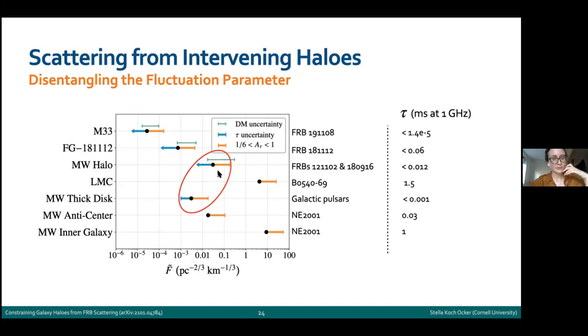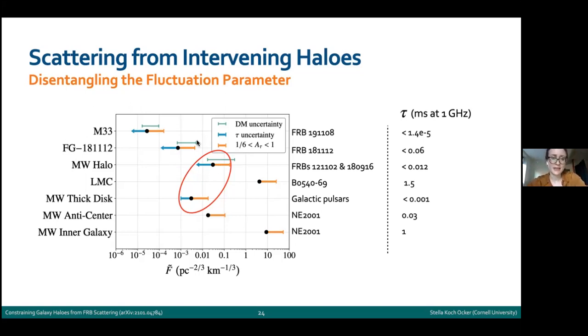But we really need to extend this to more FRBs because we certainly expect the fluctuation parameter to vary between different lines of sight through the halo. And so with more FRBs, we'll get a better sense of what the average fluctuation parameter of the halo is.